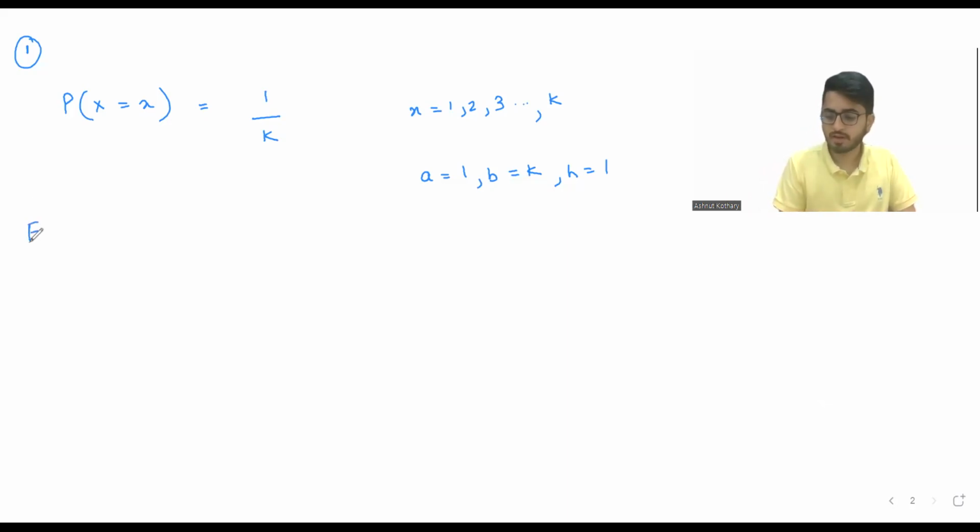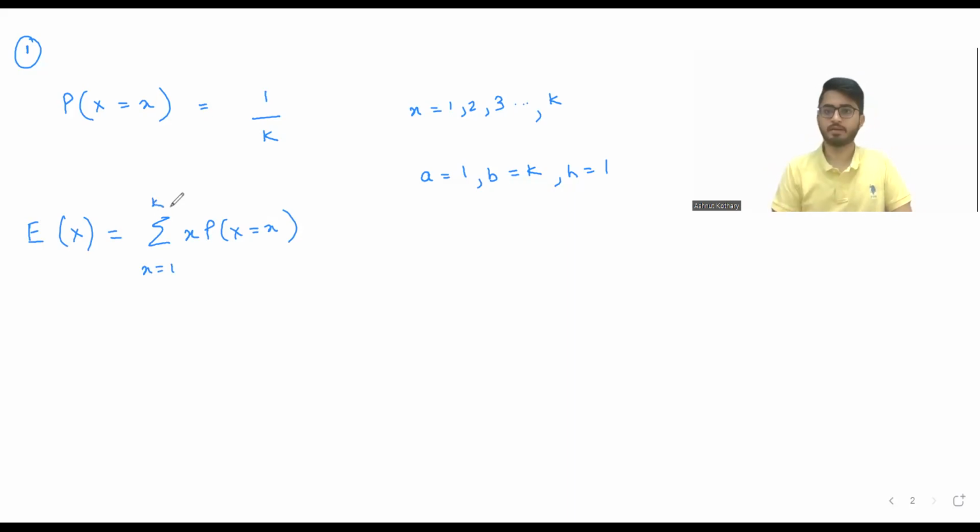So first thing we'll try to do is calculate expectation of X, which from first principles will be nothing but summation x into probability X equal to x, where x is taking the values from 1 till K. So this will become summation x by k, x running from 1 to k.